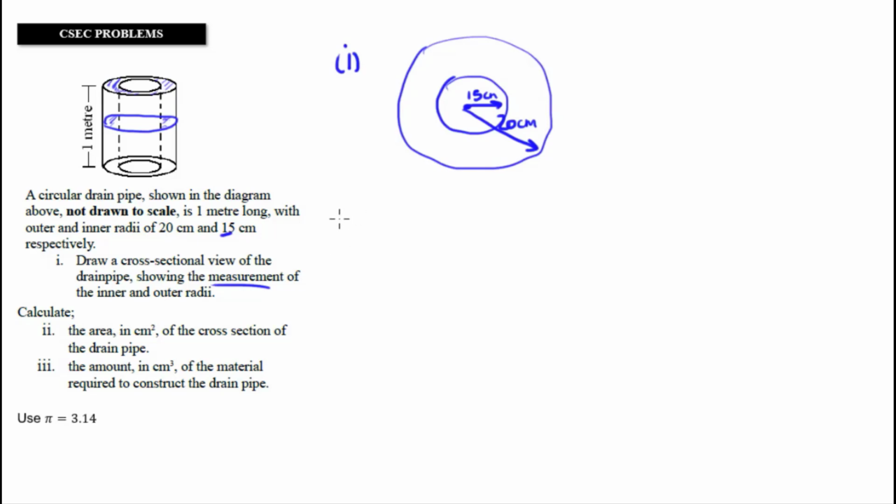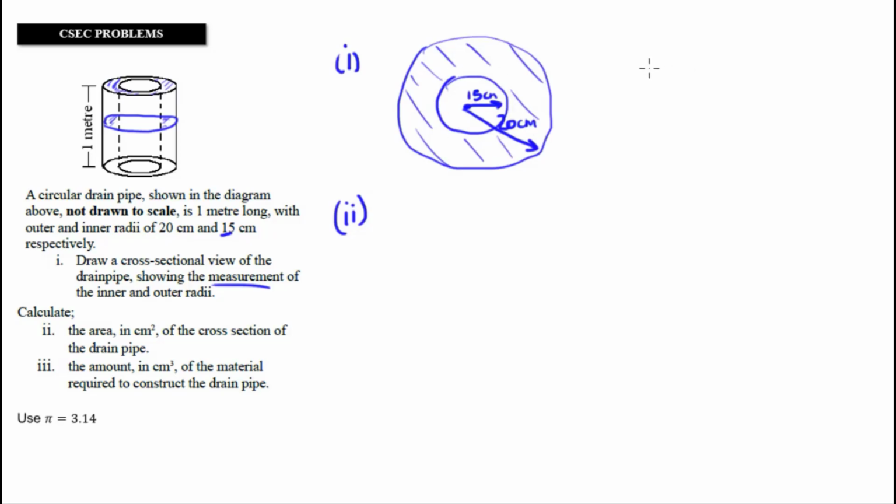Next, we want to calculate the area in square centimeters of the cross section of the drain pipe. Since we already have the cross section, we're basically finding the area of this. We could say that it's a compound shape. This area is the only part that has stuff, right? This is the actual pipe. In here is just empty space.